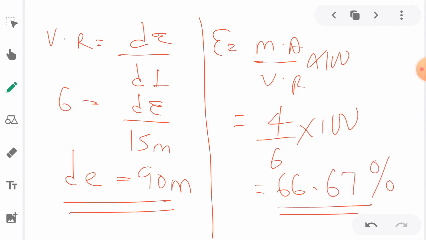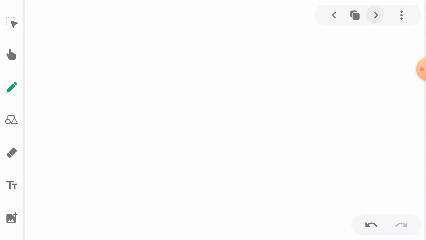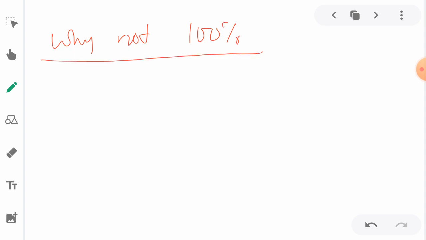as your efficiency. Now there's a question which they usually ask: why is the efficiency of a system not 100%? It's not 100 because some of the energy is lost.